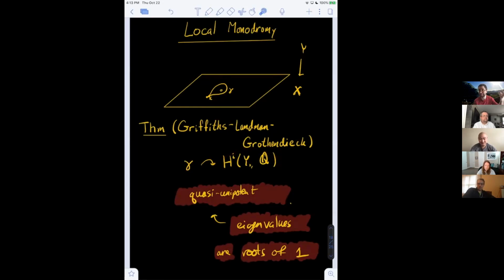In the topological world, it could be literally any matrix. You could take any n by n matrix with rational coefficients. But here we're saying it can't be any matrix. It really has to be very special. It has to have roots of unity as its eigenvalues. And the thing I want to convey to you for basically the rest of the talk is why that's true. I want to say that this is coming from number theory.